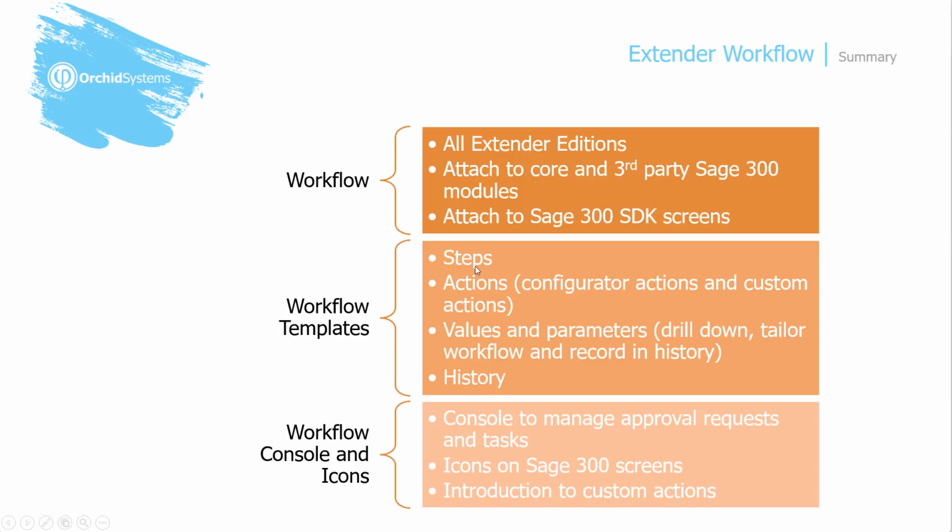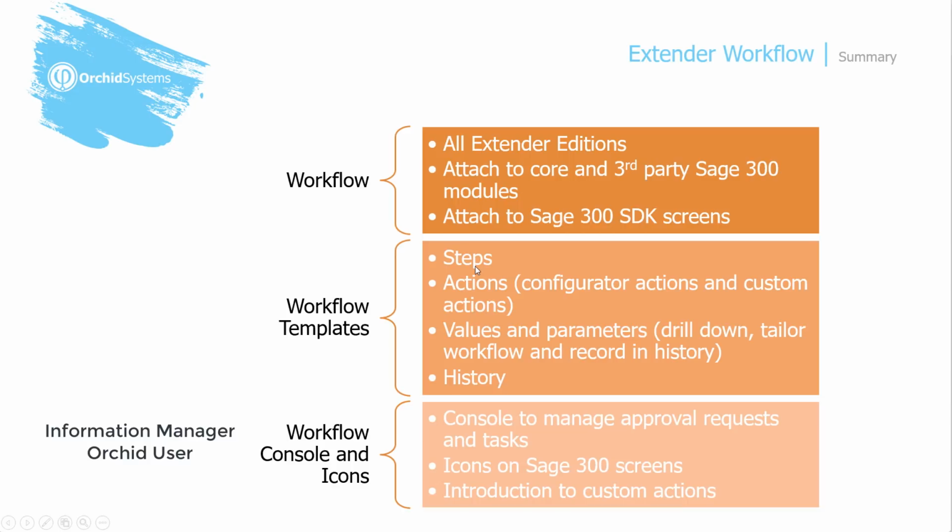Workflow is added to all editions of Extender. You can attach a workflow to core and third-party Sage 300 modules, and attach icons to Sage 300 SDK screens. You configure your workflow templates, a series of steps and actions, which can include your own custom actions if you use Customizer or Developer Edition of Extender.